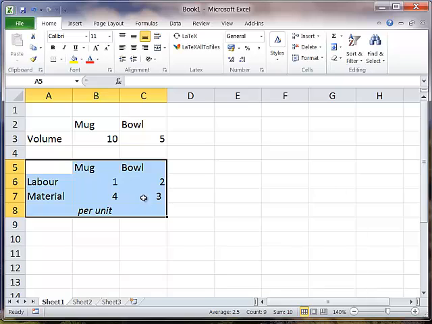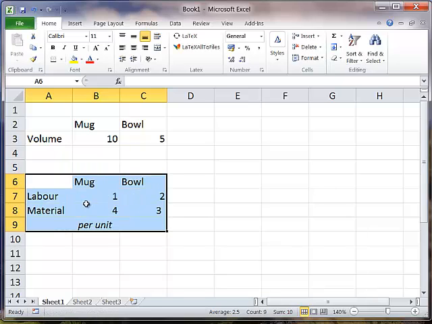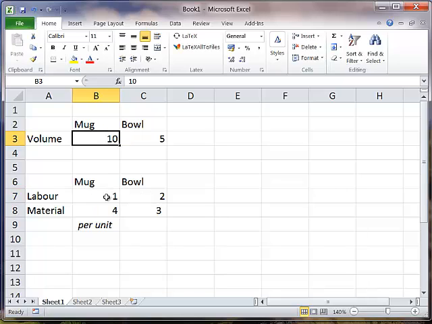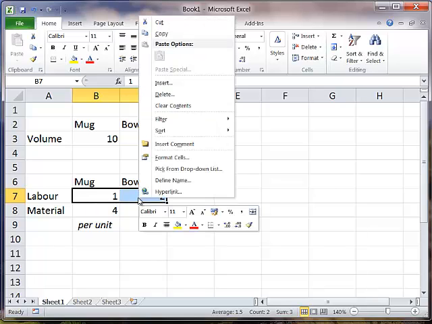So immediately we do see, if we have these values, then it takes us of course 10 hours to produce the mugs. Okay, let me just put some units in there.